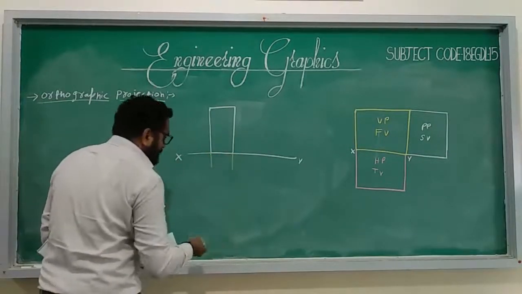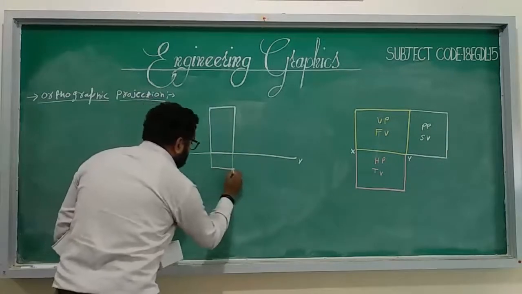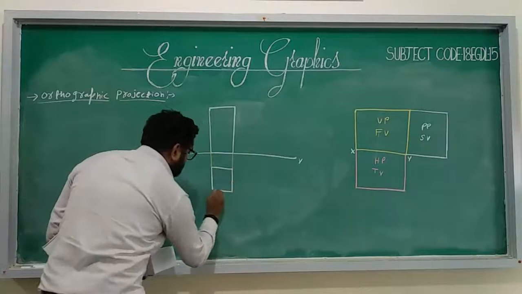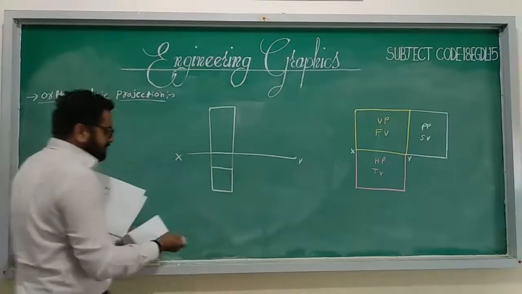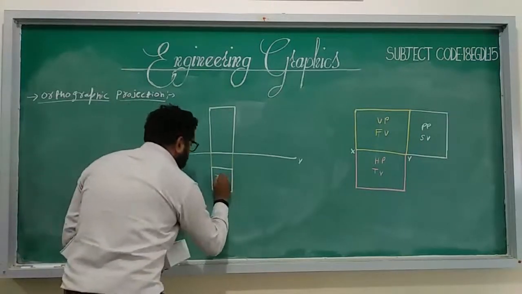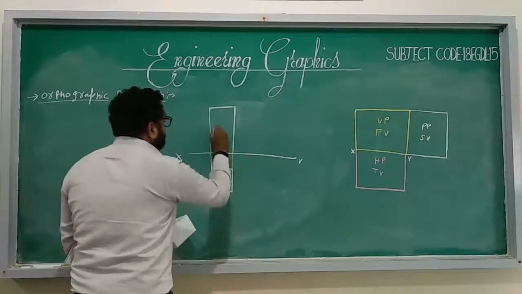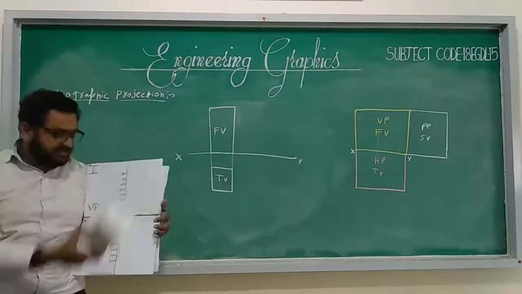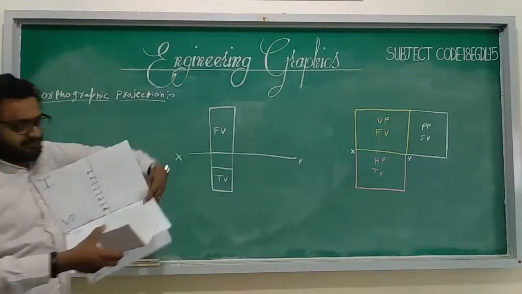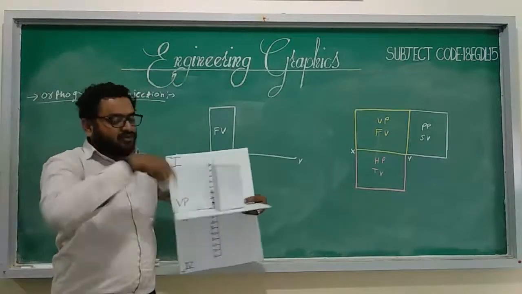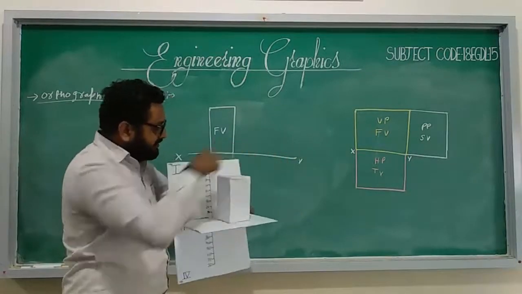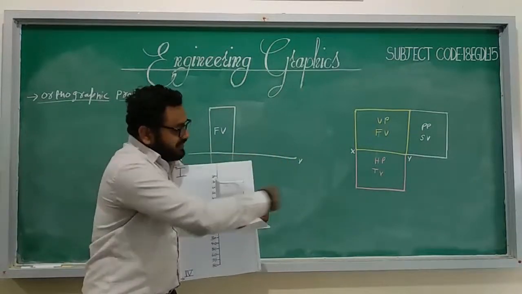And here is the object, and how the top view and front view will look. Got it. And next, the side view. For the side view, we are seeing from the side, and the projection will be aligned with the front view.